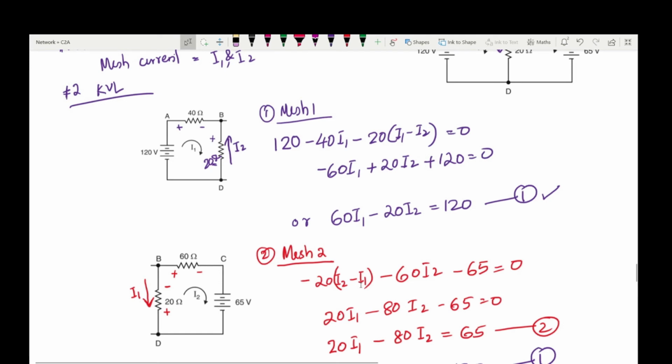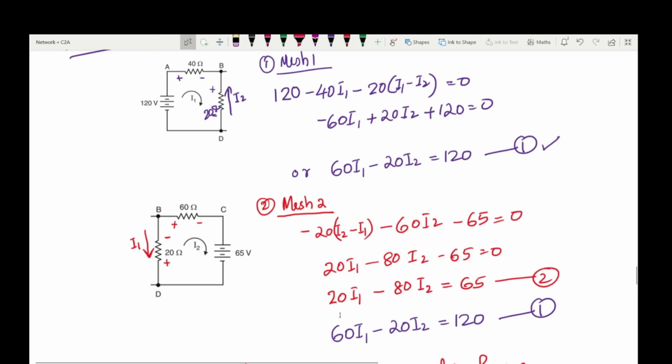It is I2 minus I1. Then what is the current flowing through the 60 ohm resistor? That is minus 60 into I2. Then for the 65 volt, the second point polarity is minus, so minus 65 will come. Rearranging this, we can write this equation: 20 I1 minus 80 I2 is equal to 65.